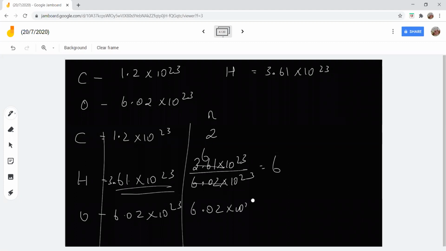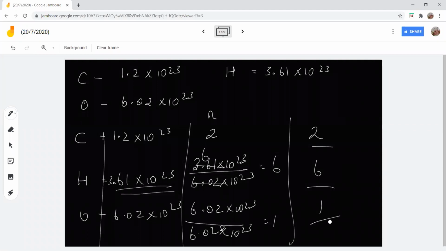When you divide it by 6.02 into 10 power 23, again you get 1, right? So 2 is to 6 is to 1. This you cannot further simplify. Am I right or not? So the most simplified form is already there. So the empirical formula will be C2H6O1. The mute control is being given to you. If you have any doubts, you can unmute yourself and talk.